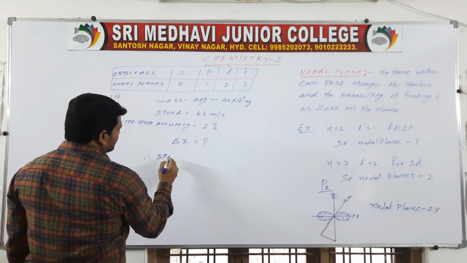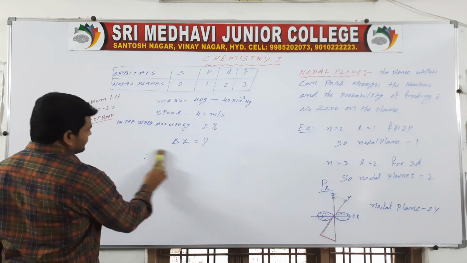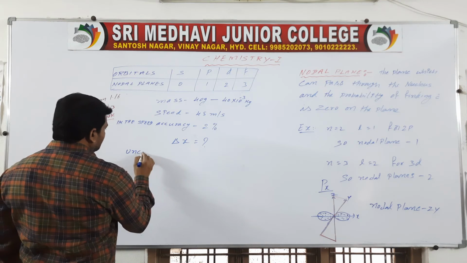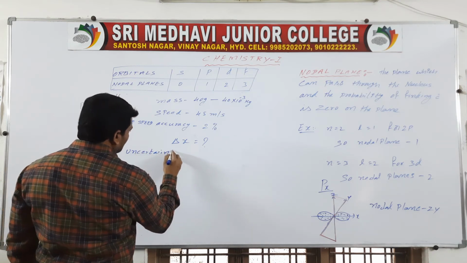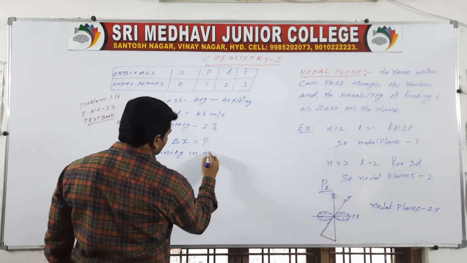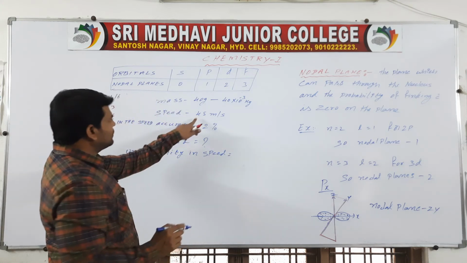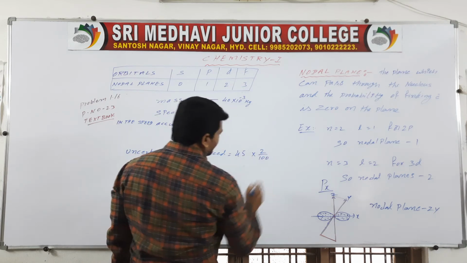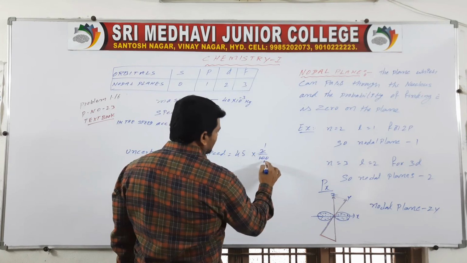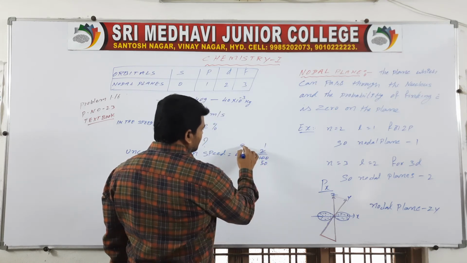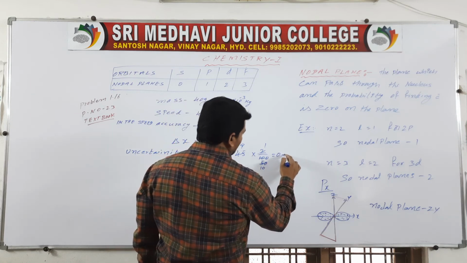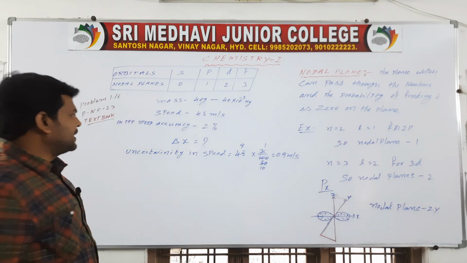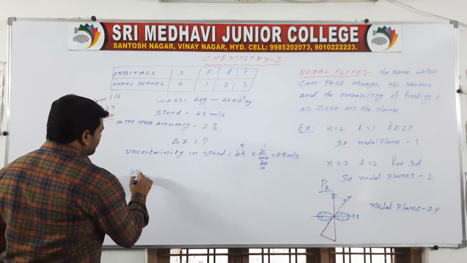Therefore uncertainty in speed is equal to total speed 45 into 2 by 100. That is 0.9 meter per second.